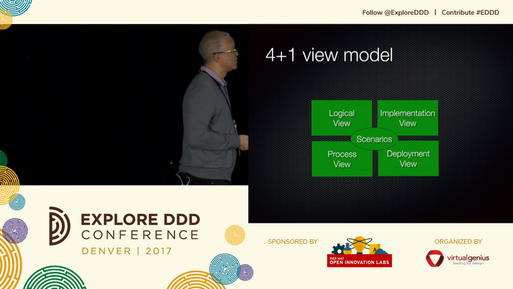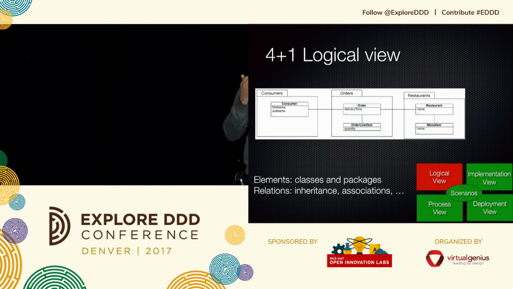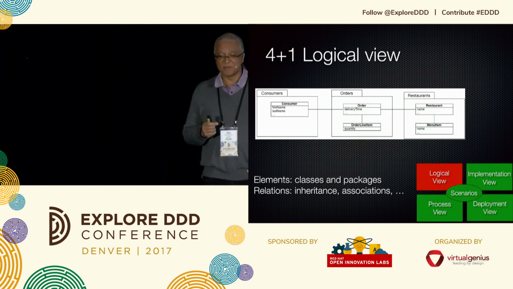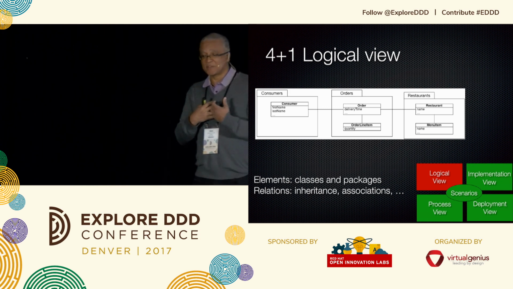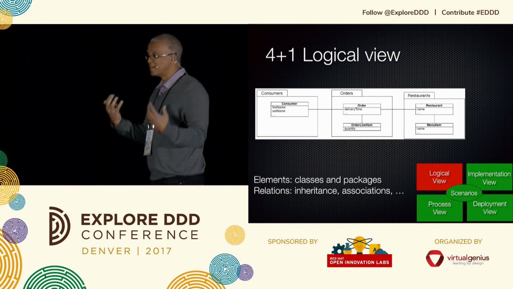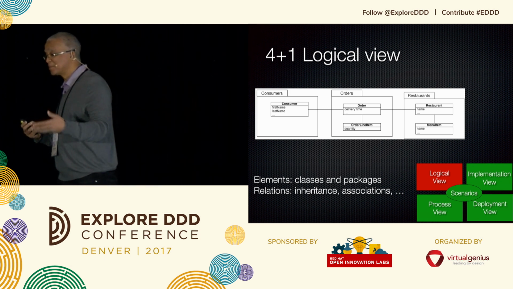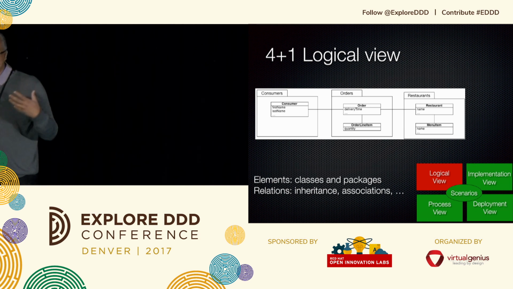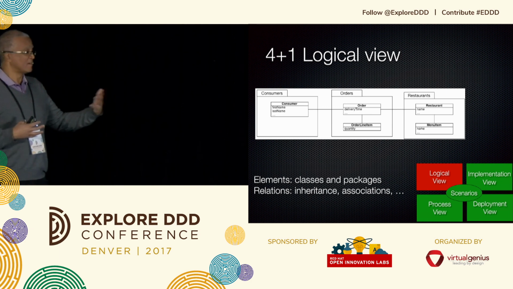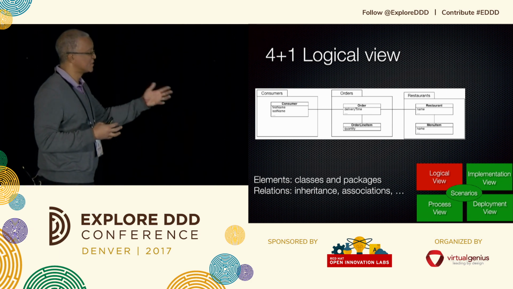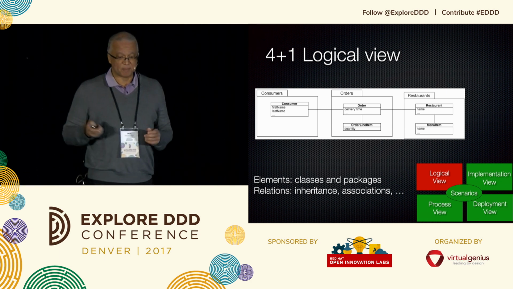So we have the logical view. Since we're programming mostly in object-oriented languages, the logical view describes what we as software developers create, which is really classes and packages. The relationships between them are the relationships between the classes and between the packages: inheritance, association, aggregation, dependencies, and so on.